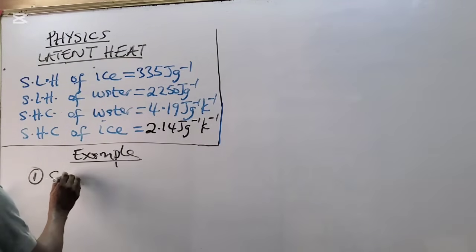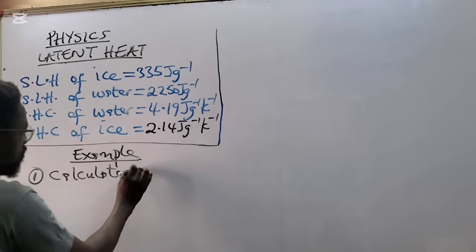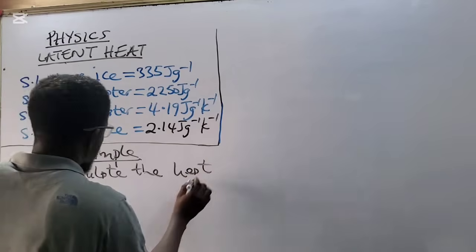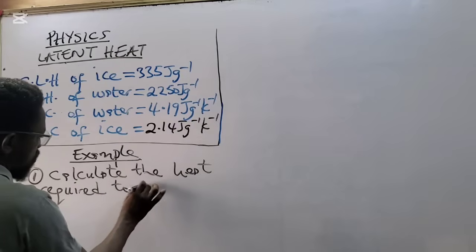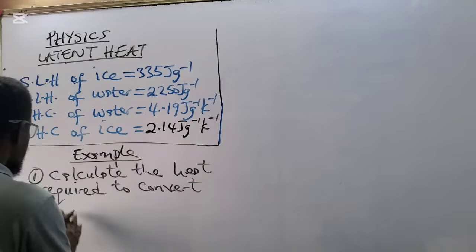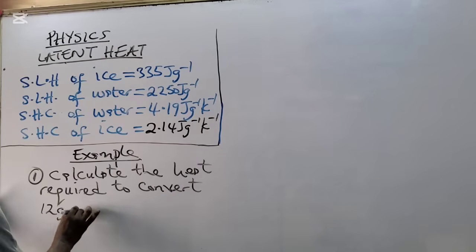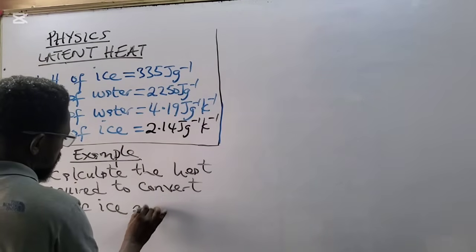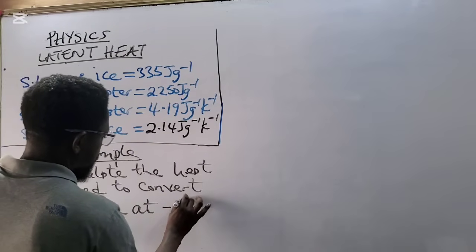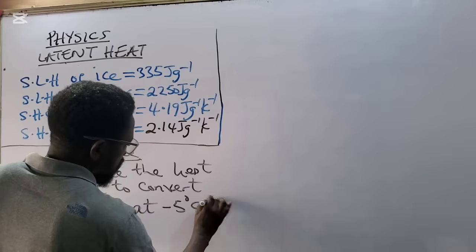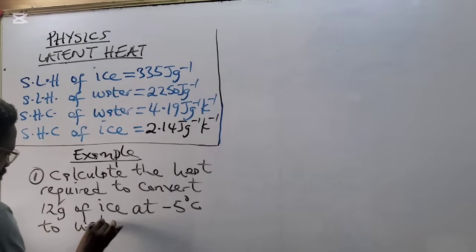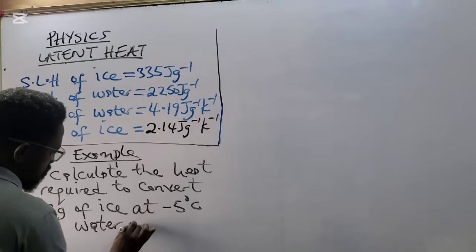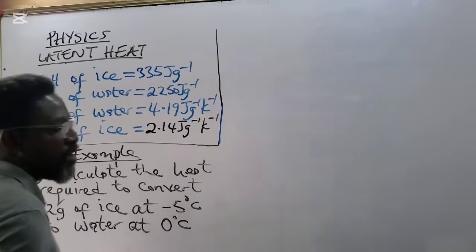Calculate the heat required to convert 12 grams of ice at minus 5 degrees C to water at 0 degrees C. All right, let's start with a very simple question.